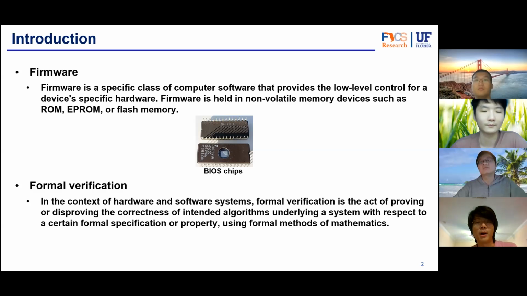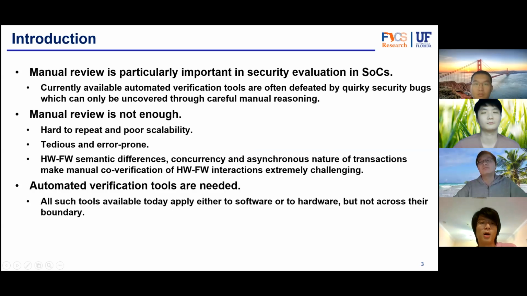Then let's talk about firmware verification. Firmware verification is an act to prove or disprove the correctness of the system's algorithms. It uses some mathematical tools to do that. Although automated tools are highly developed nowadays, manual review is still very important in security evaluations in SoCs.